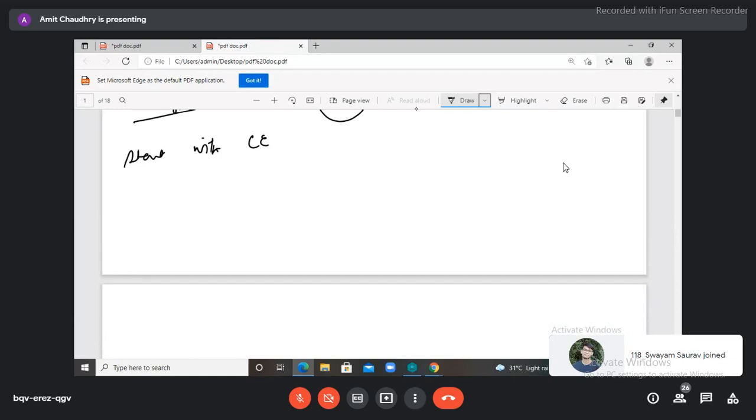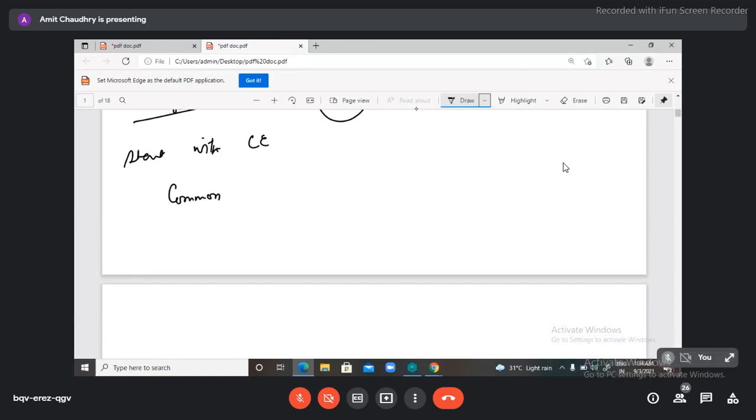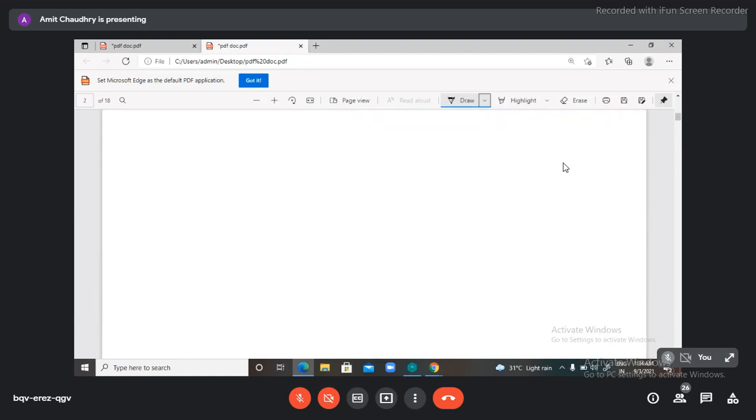This is common emitter characteristics. Now, what is common emitter?